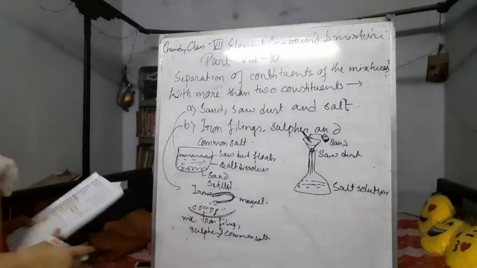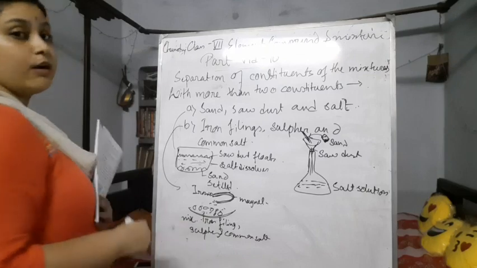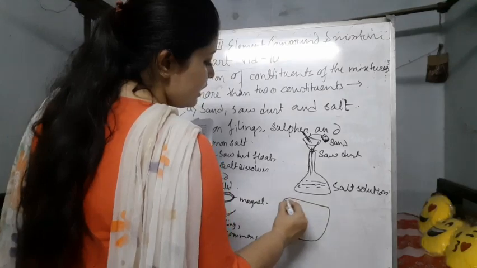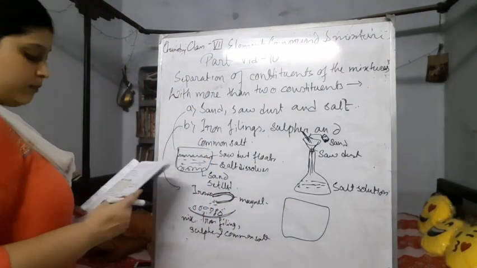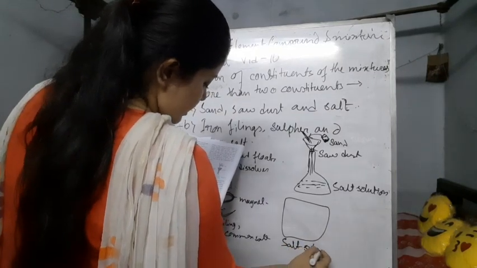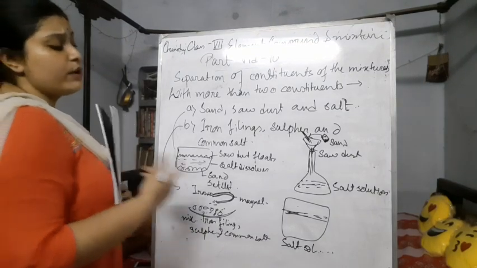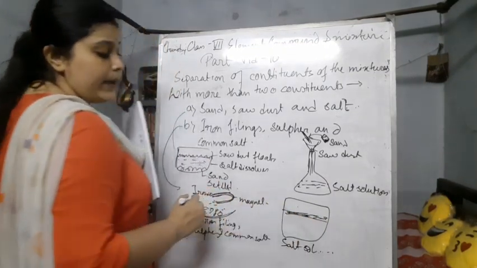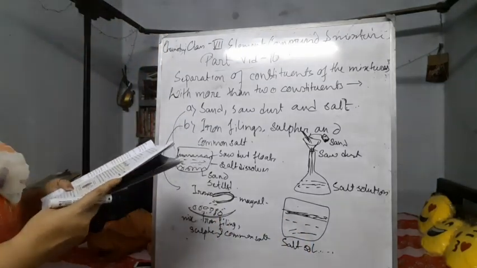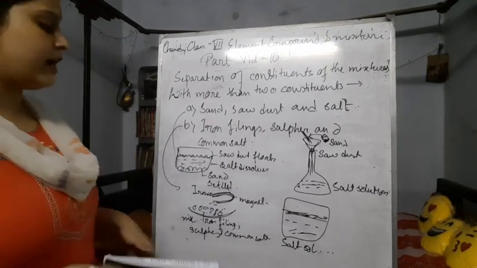After that we can mix the residue part with water, and take the mixture in a conical flask or a bowl, where the salt solution is present and the sulfur is floating on the upper part, with the salt solution beneath. After adding the water, the common salt dissolves, leaving behind the sulfur.